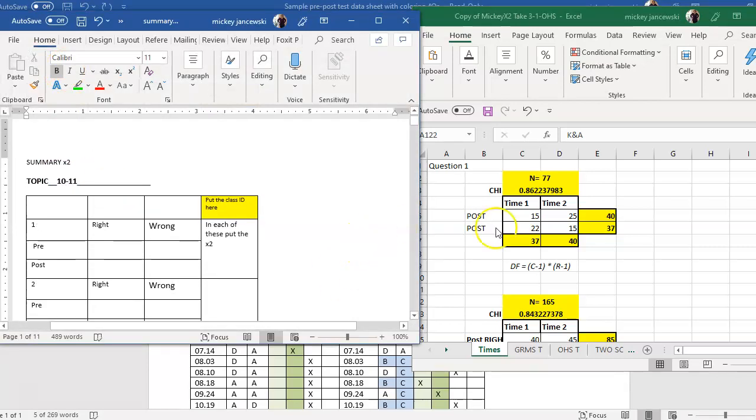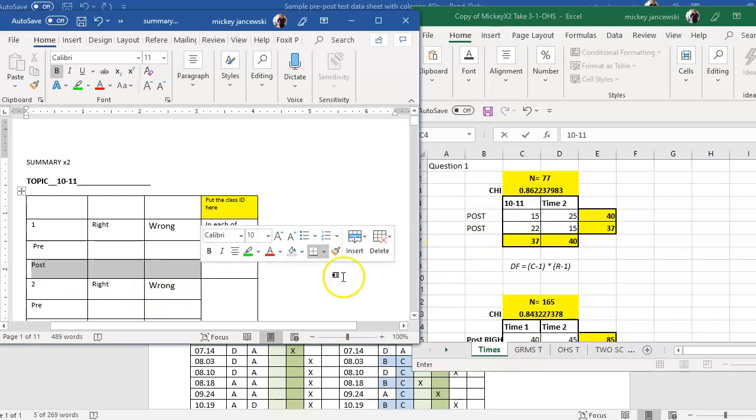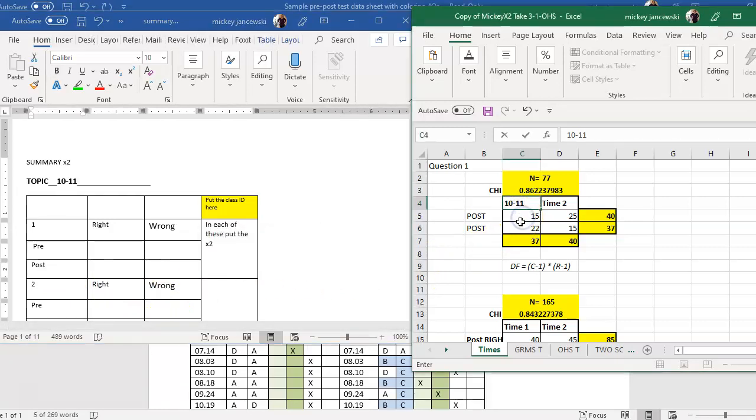So if this is 10 to 11, then you would make this time 10 to 11, and you would put in the number right and wrong for the post-test, the number right, the number wrong. Then time 2 would be 11 to 12. And you would put the number right and the number wrong on the post-test.